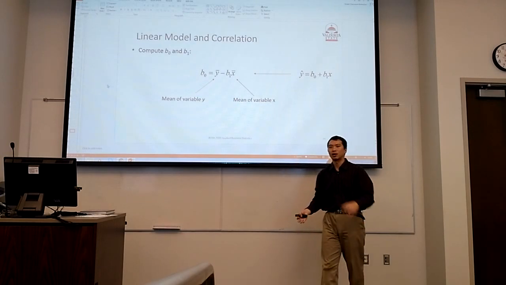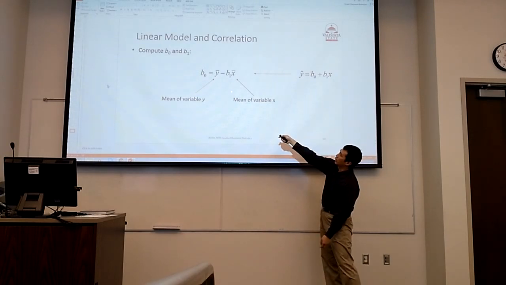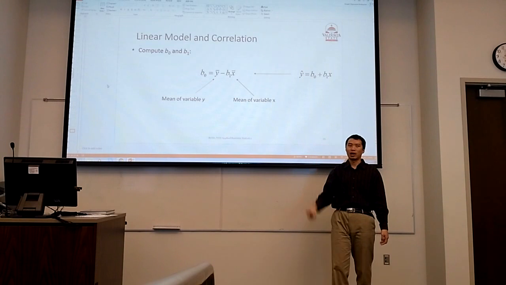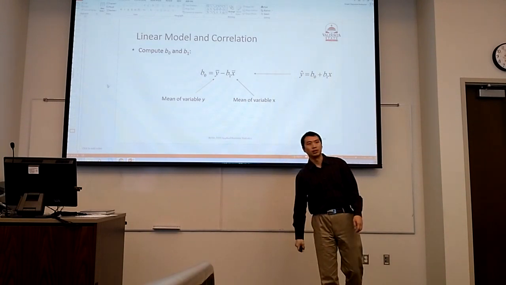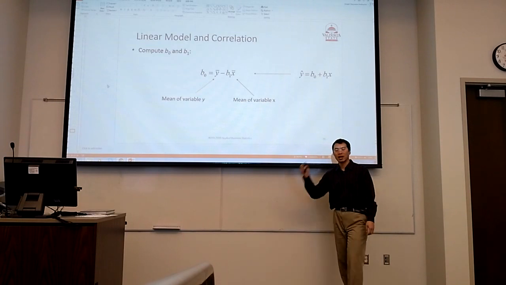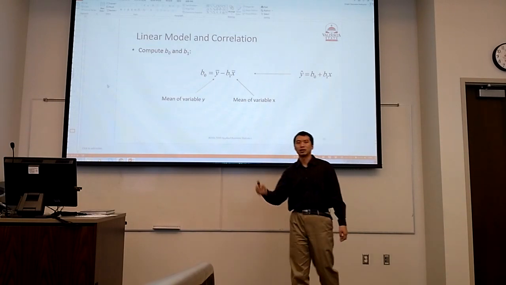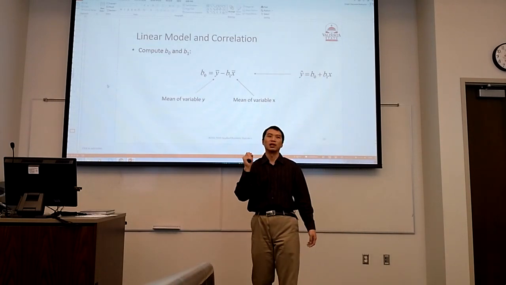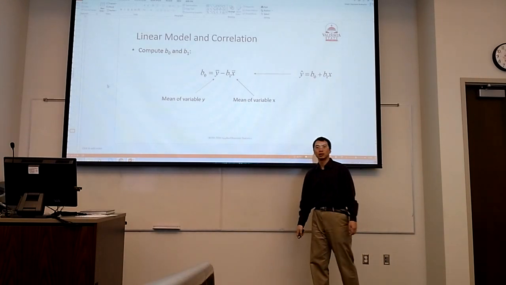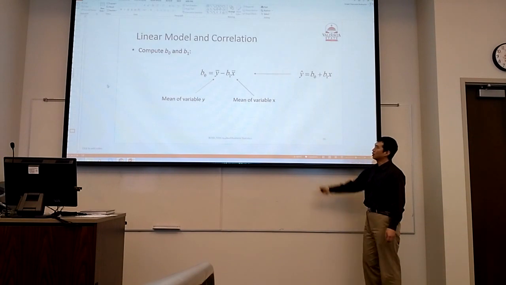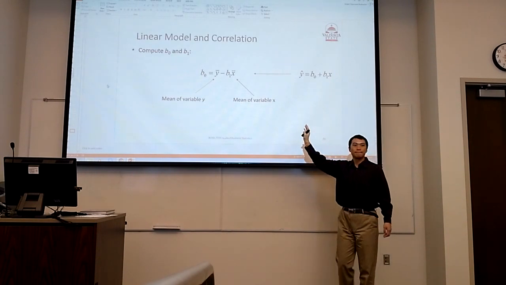That's not hard. Then by using this expression, we will have b0. That's how we estimate the two parameters of a linear regression model, b1 and b0. Any questions here?